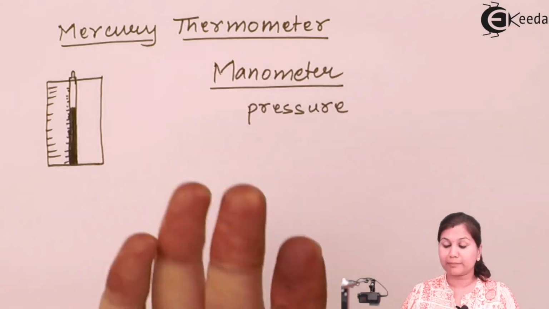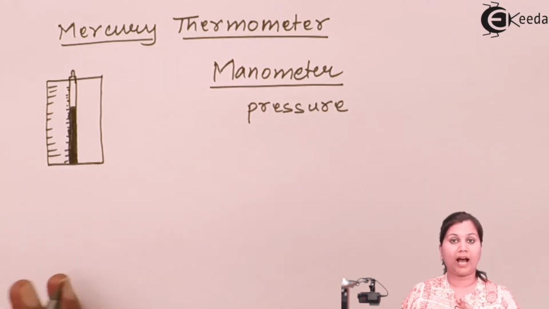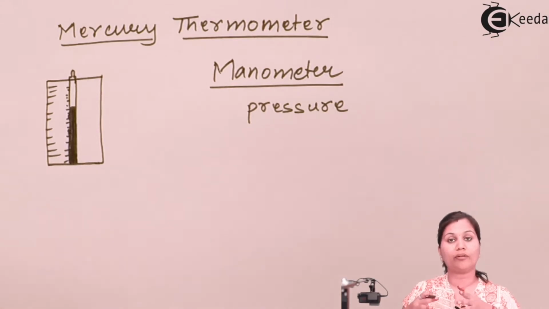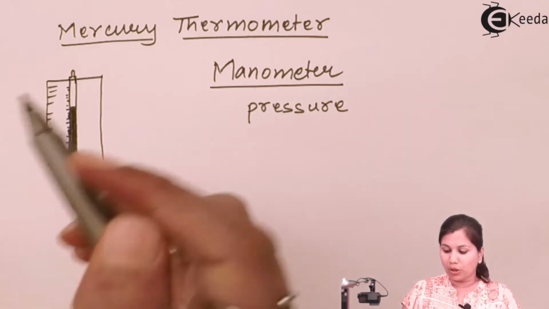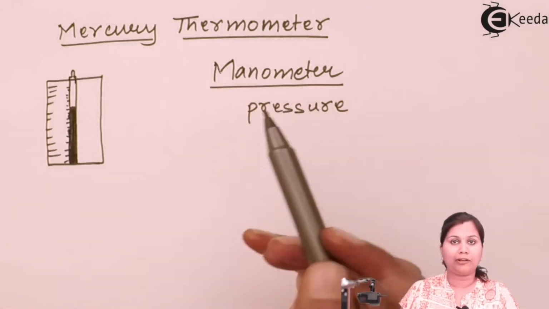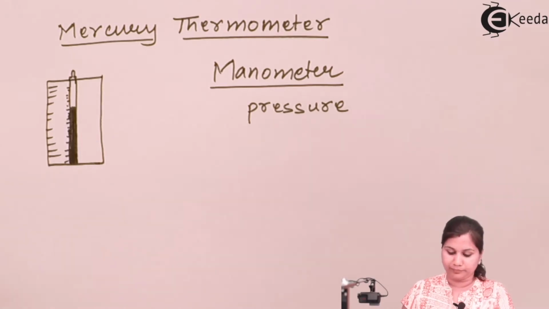Temperature variations, pressure variations, all these are non-electrical quantities, and these non-electrical quantities, or one form of energy, are converted into another form by the transducer. So the mercury thermometer and manometer are all a type of transducers which are converting one form of energy into another form.